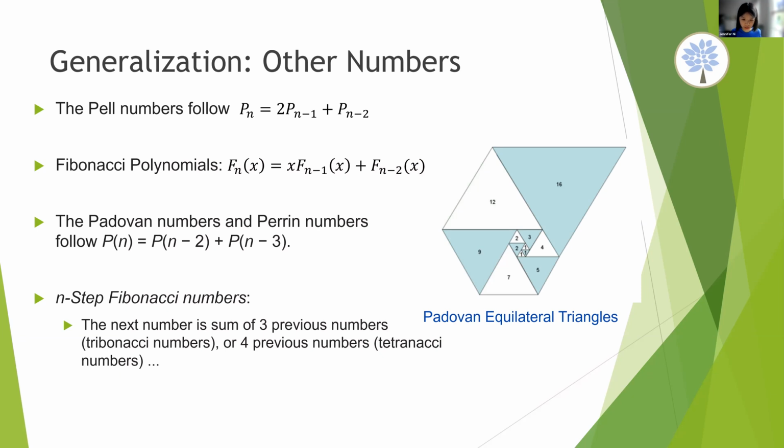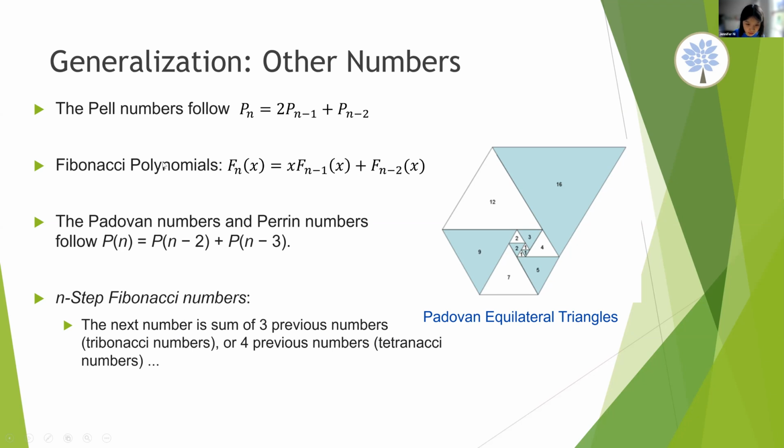Here are other generalizations. They are similar to the Fibonacci sequence in that they are recursive, but they follow slightly different rules. The Pell numbers follow Pn equals 2 Pn minus 1 plus Pn minus 2, so the coefficient of Pn minus 1 is 2 instead of 1.